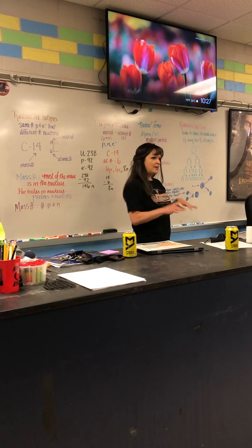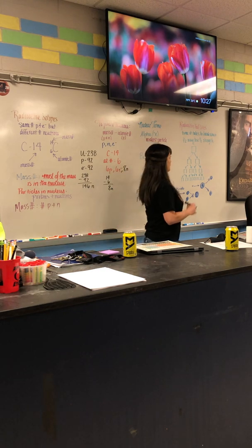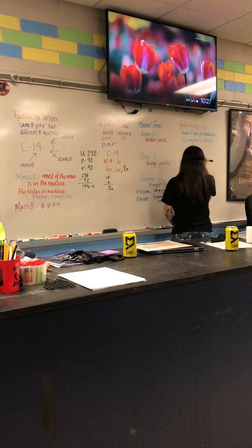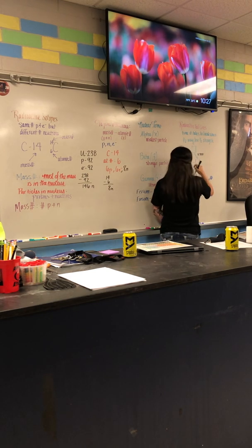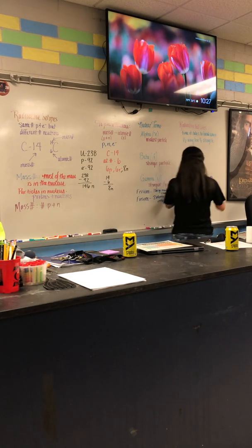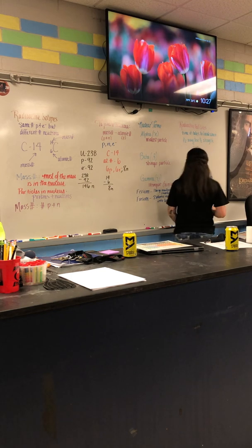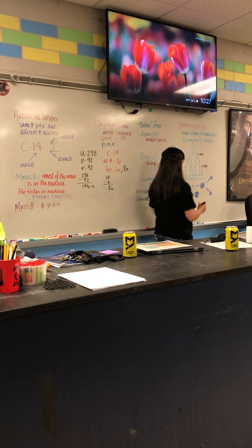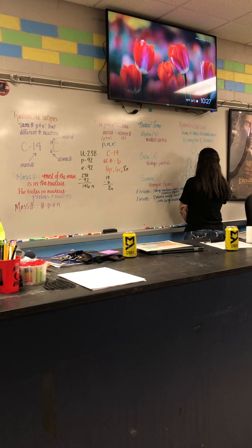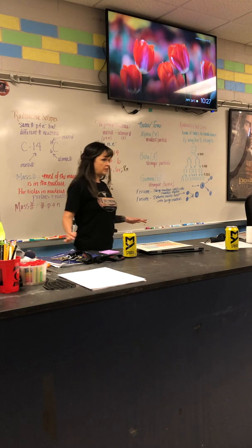So it takes 5,700 years to break down halfway, or to lose half of its strength. So if this was our original sample, then to break off into these 2 pieces, it took 5,700 years. And then those 2 pieces are going to break down halfway, and that'll be another 5,700 years. And so on and so forth. Every time it's breaking down, it's 5,700 years.